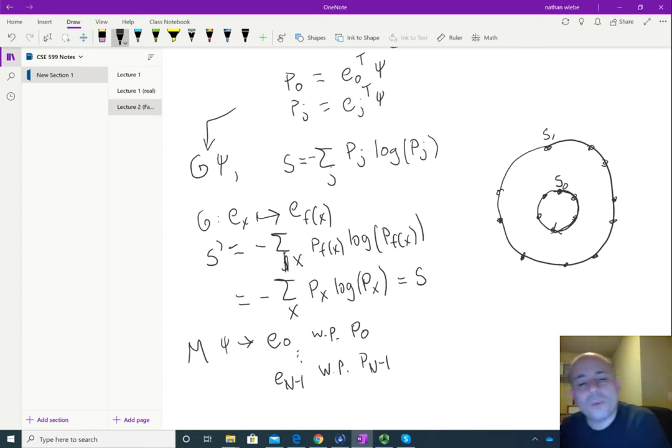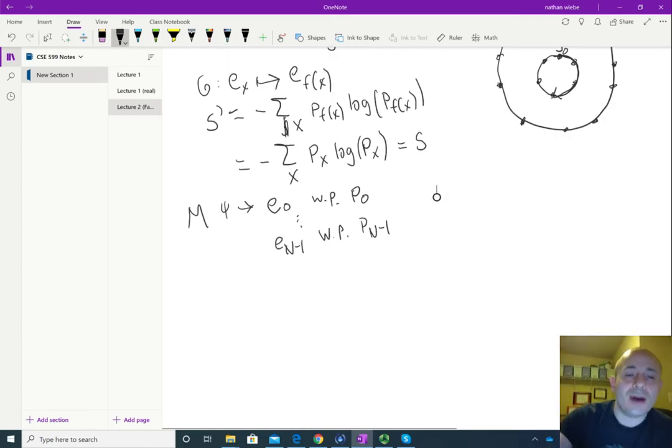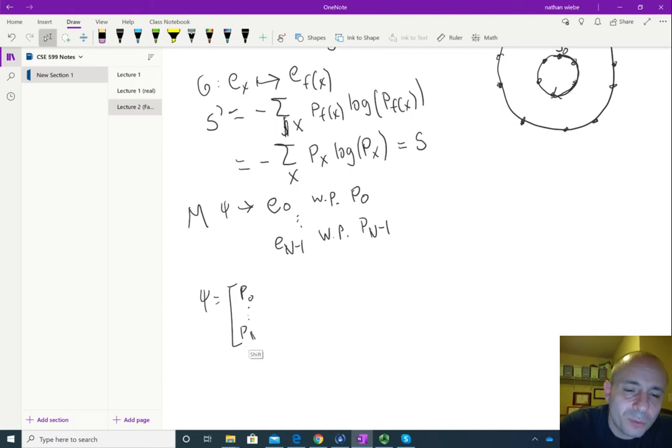Okay? So you'll note now, once you've done a measurement, right, instead of the distribution being psi to begin with, which is P0 all the way down to Pn minus 1, what we end up getting is this.